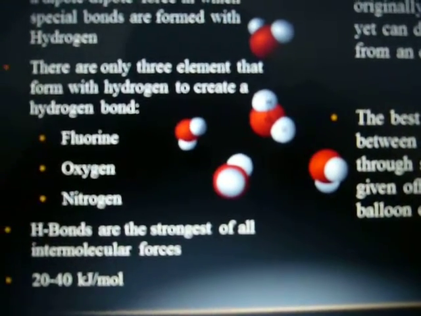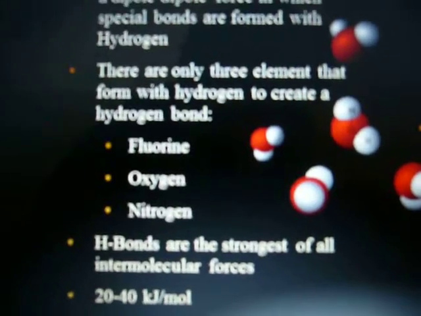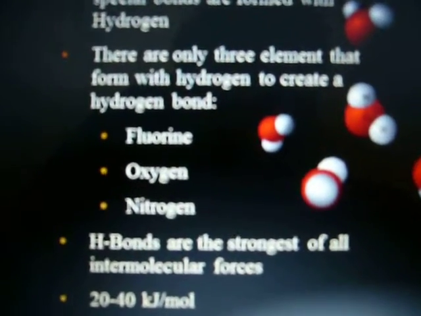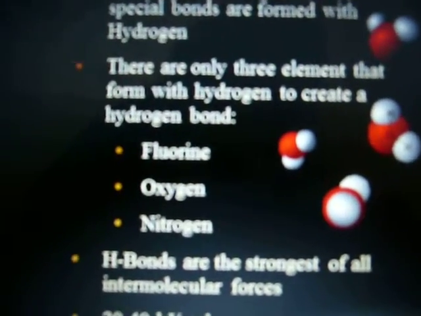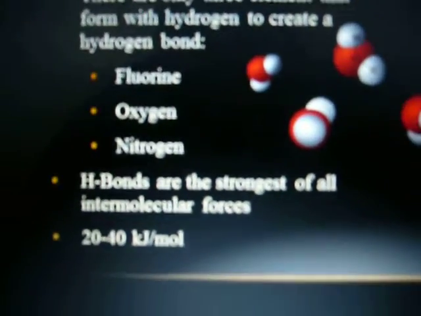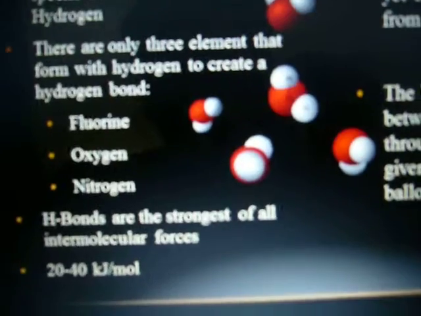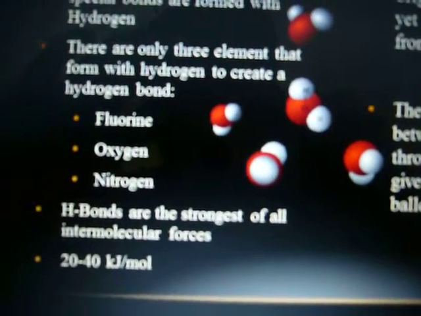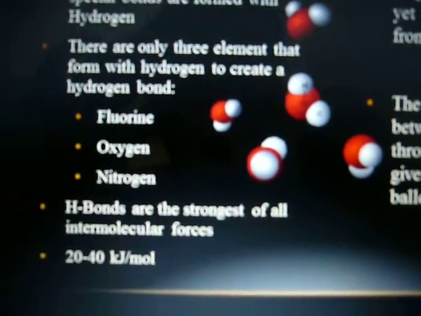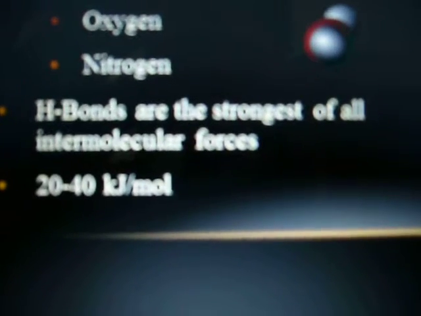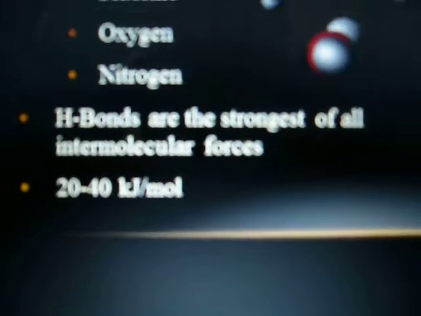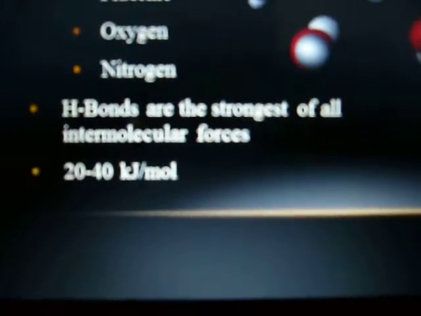It's a very special bond that only occurs with 3 different elements: fluorine, oxygen, and nitrogen. H bonds are the strongest of all intermolecular forces, and it needs 20 to 40 kilojoules per mole in order to break up the bond.